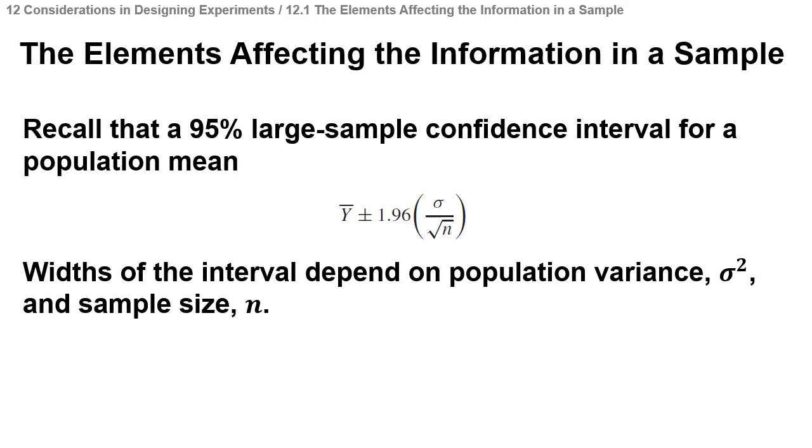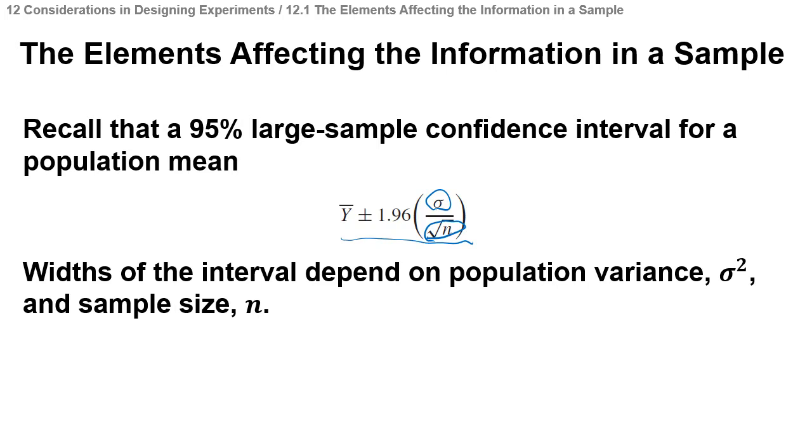Chapter 12.1 is the elements affecting the information in a sample. Recall that a 95% large sample confidence interval for a population mean is this one. What we can see here are two parameters, sigma and square root of n.